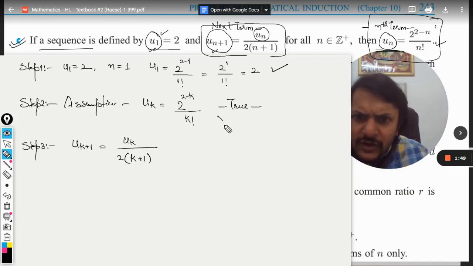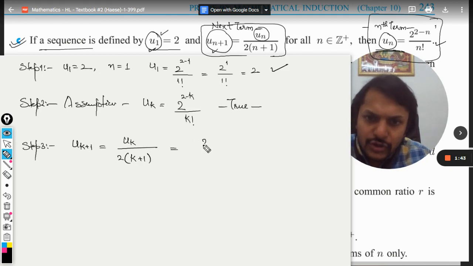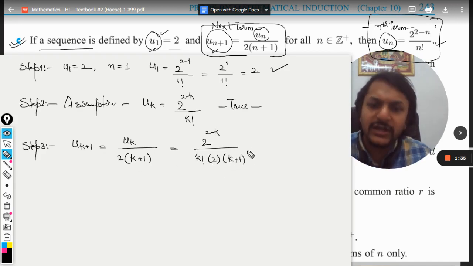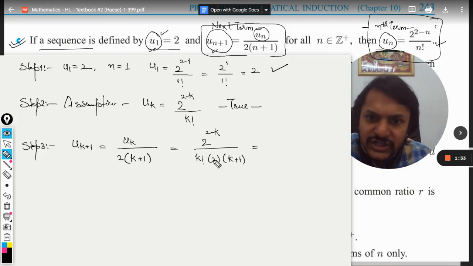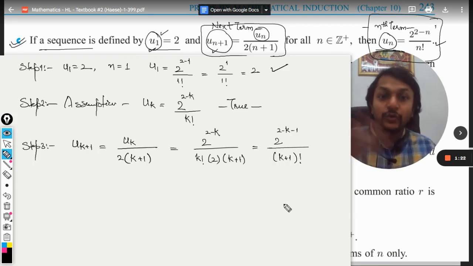First of all, we are going to substitute this value here in uk: 2 raised to power 2 minus k divided by k factorial. 2 is already present in the denominator, k plus 1 is also present. So these two can be taken into the exponent as minus 1, and in the denominator we can write it as k plus 1 factorial.